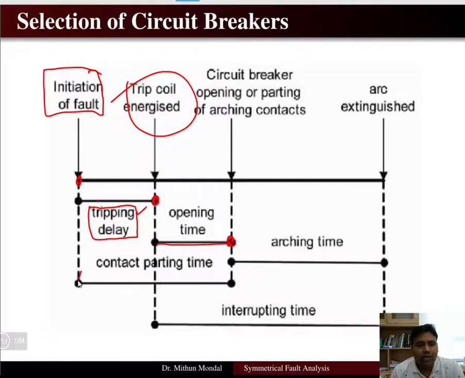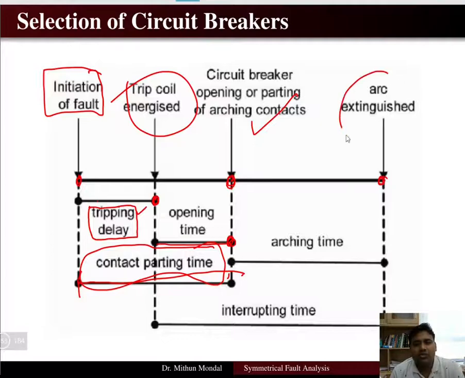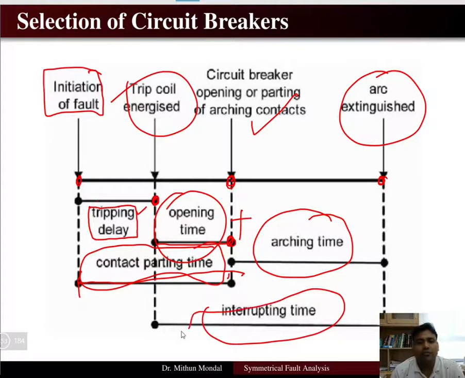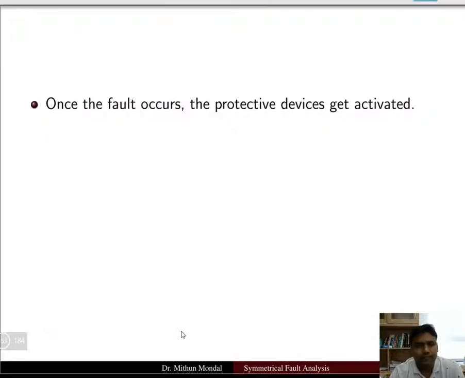So the total time from the fault initiation to the opening time is known as contact parting time. From this point, where the circuit breaker is opening or parting, till where the arc has been extinguished, this time is known as arcing time. So opening time plus arcing time is known as the interrupting time of the circuit breaker.